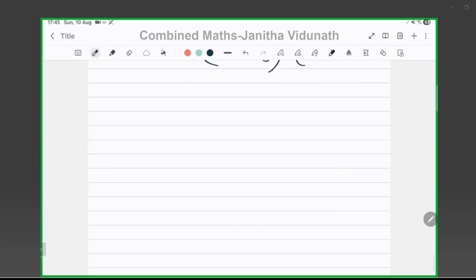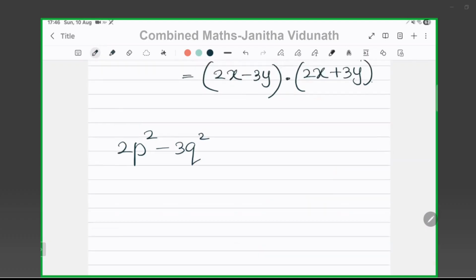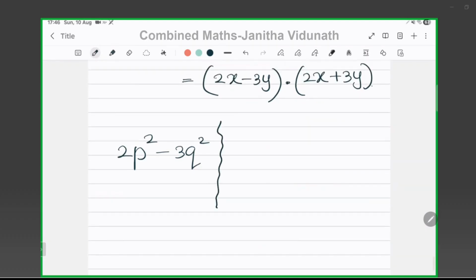Okay, let me do another example. If you have 2p squared minus 3q squared, here we need to find the first term as a whole square and the second term as a whole square. We know that in our O levels, 2 can be written as root 2 times root 2.